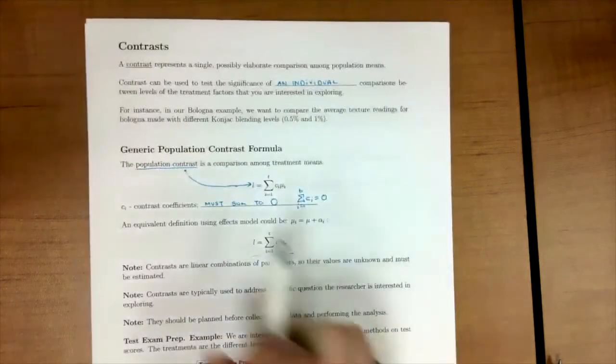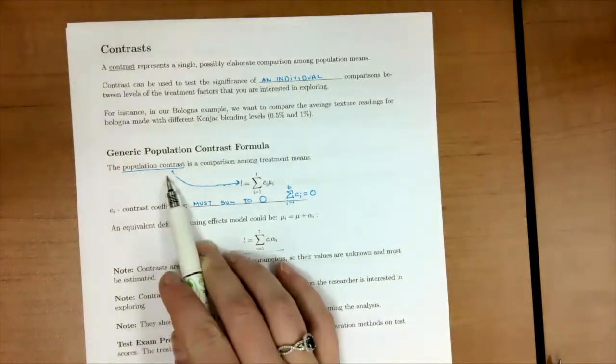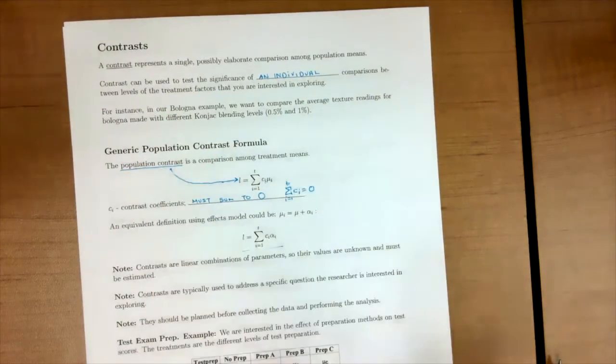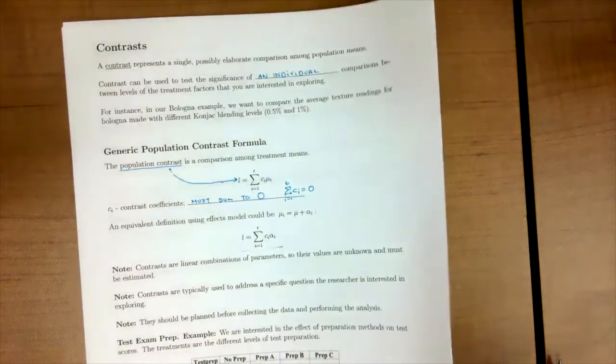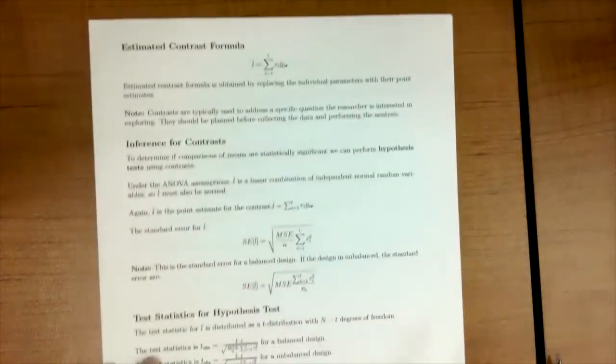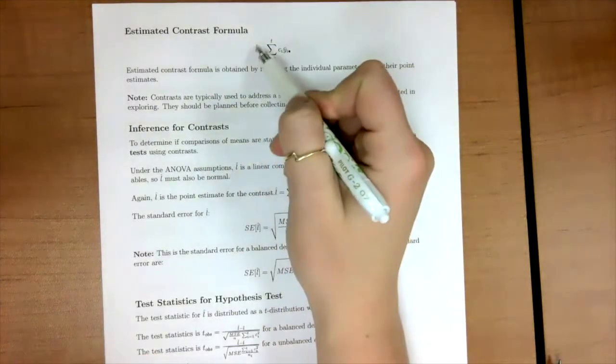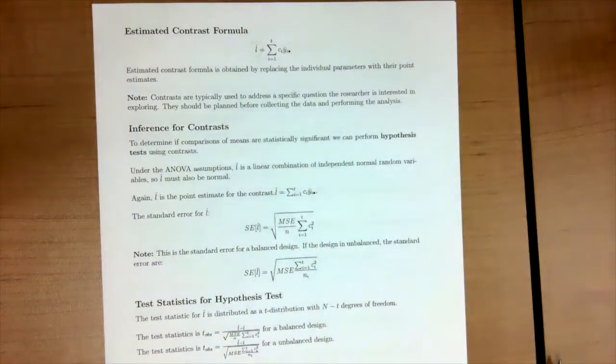So far, we talked about a population contrast, but in statistics, we always have to estimate our parameters. So let's talk about that. To estimate our contrast, which we denote as L hat, we replace the group mean.